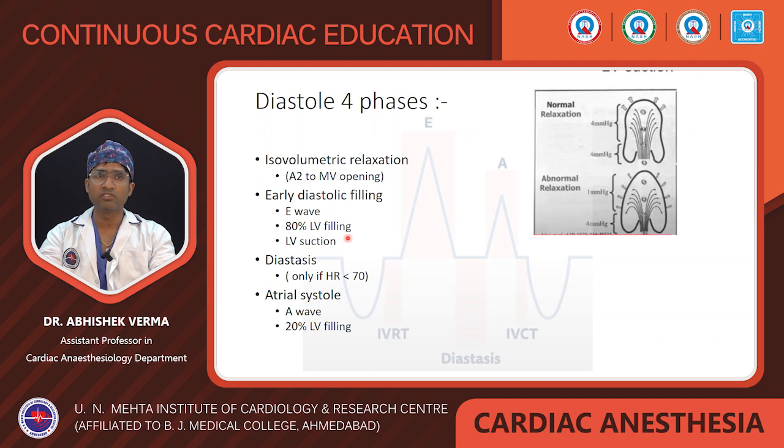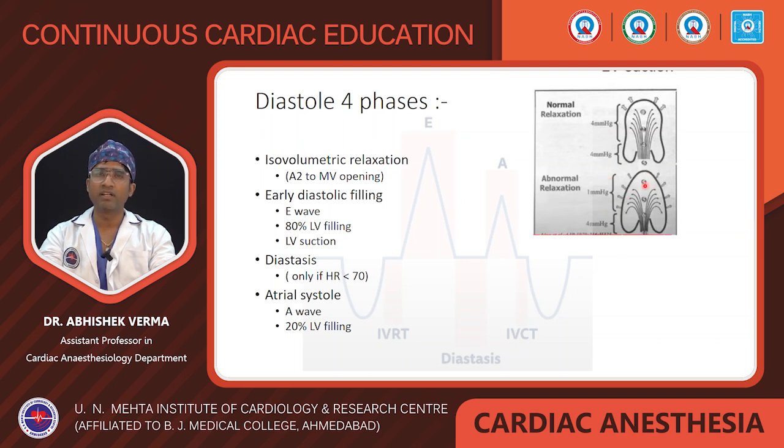What is LV suction actually? Normally, when the basal part is relaxed, the suction pressure is the same in the whole LV. Just take an example: 4 mmHg and 4 mmHg in normal relaxation. But if the LV is ballooned, or you can say in diastolic dysfunction, the basal pressure is 4 mmHg, but toward the apex it is approximately 1 mmHg.